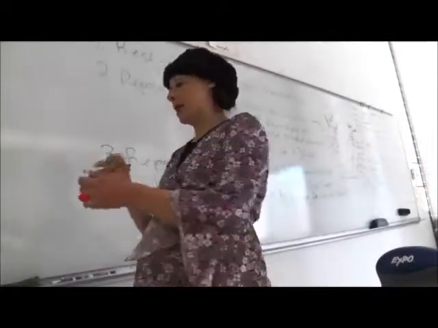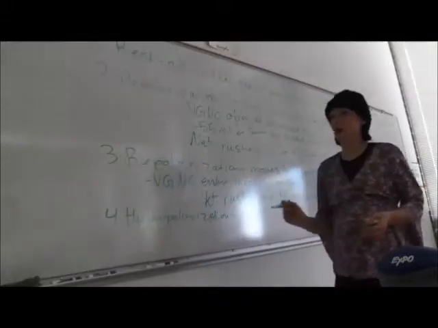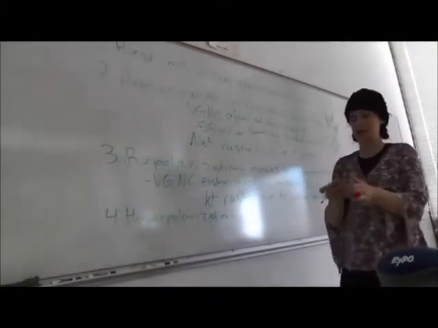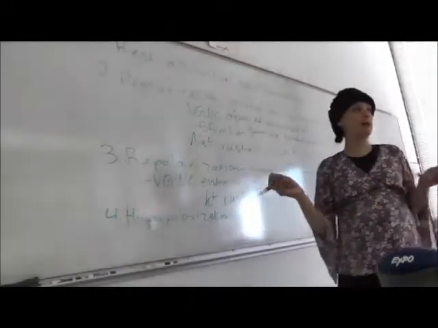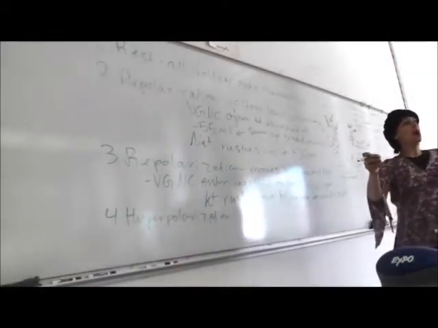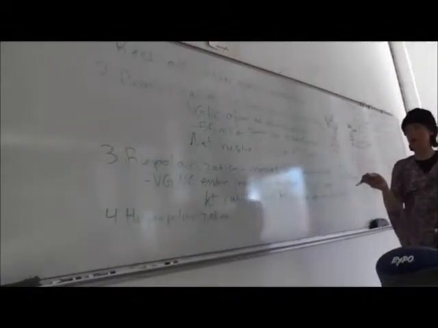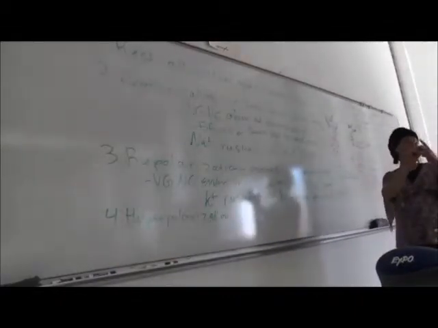The fourth event is actually hyperpolarization. And what happens in hyperpolarization is that some of our potassium channels stay open past when we hit negative 70. So that more potassium rushes out. And what that's going to do is during that time, our voltage-gated sodium channels are going to reset to closed.